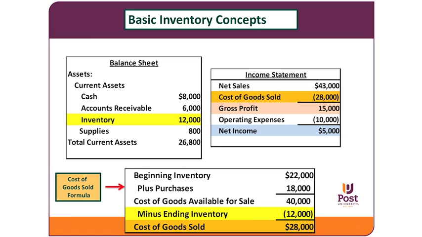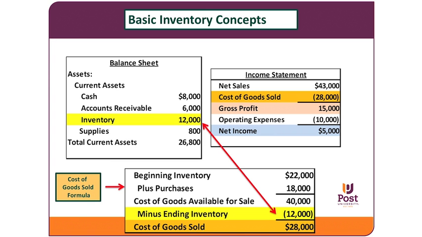We sold $28,000 of inventory and we have $12,000 left. The cost of goods sold formula, as shown here, displays the very important relationships in the inventory area. As you can see, we start with $22,000 of inventory and then buy $18,000 more.